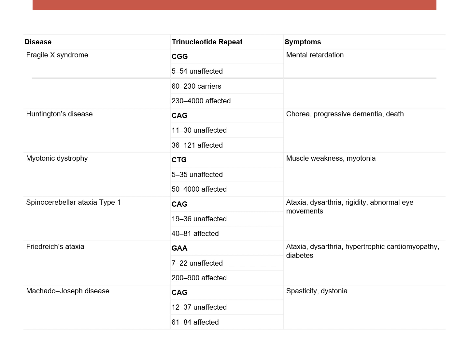For example, Fragile X syndrome is a CGG repeat, and if you have more than 230 repeats of CGG, that causes Fragile X syndrome, which is a mental retardation. And Huntington disease is a CAG trinucleotide repeat. If you have more than 36 triple repeats, that will cause Huntington disease. So these are examples of trinucleotide repeat mutation.